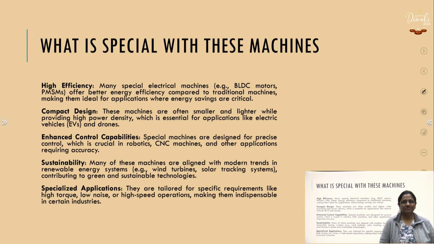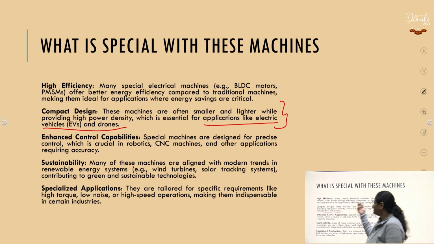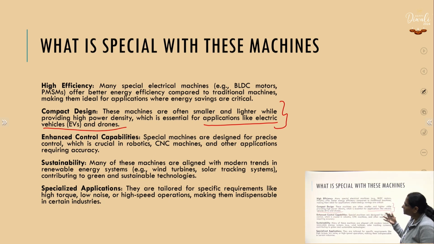Compact design. These machines are often smaller and lighter in weight, providing high power density, which is essential for many applications, and one among them is electric vehicles and another one is drones, besides many other applications which require small size machines but with higher power density.